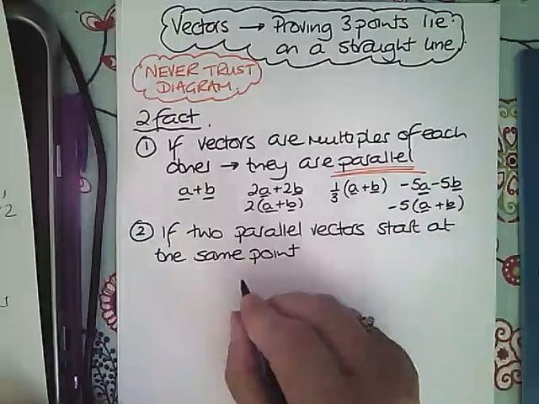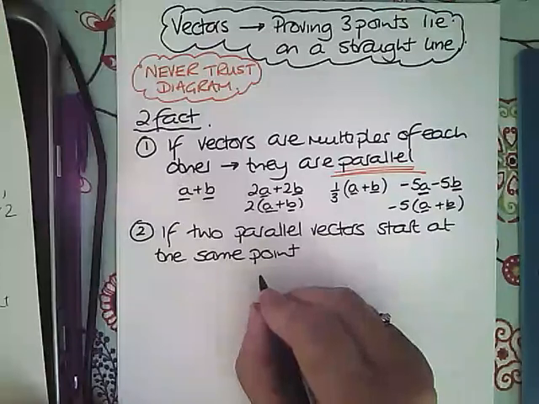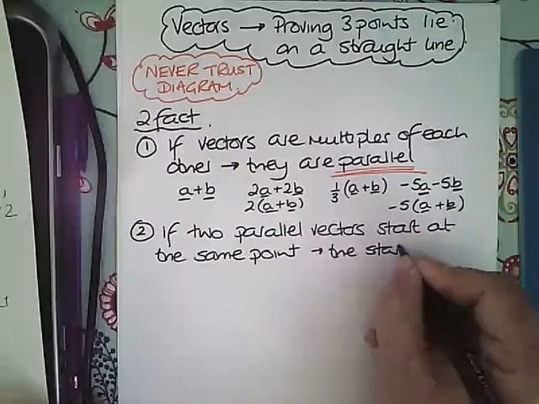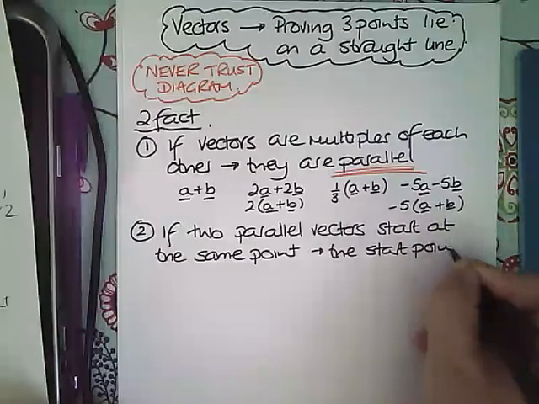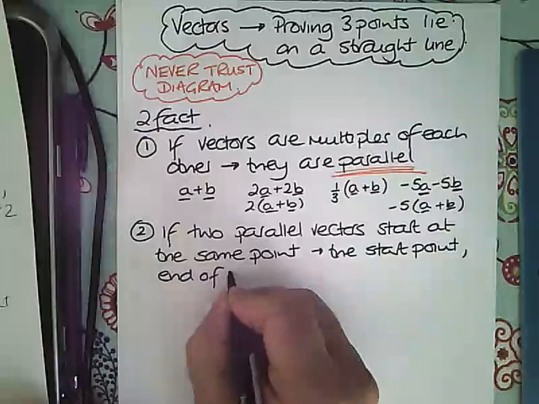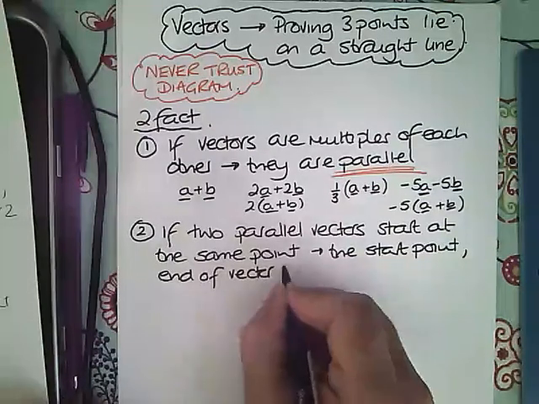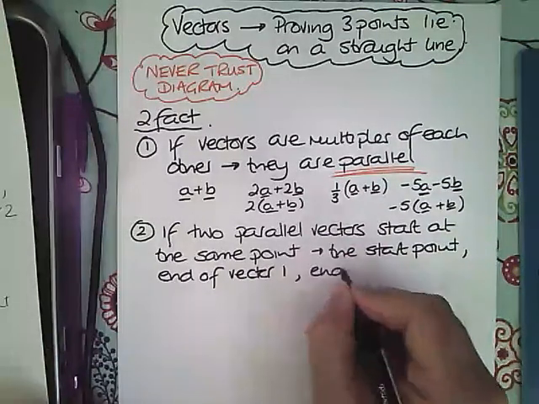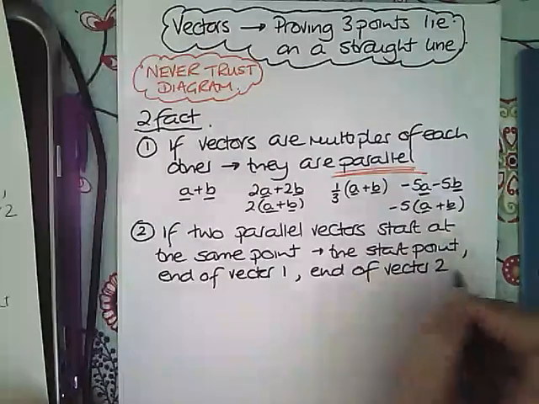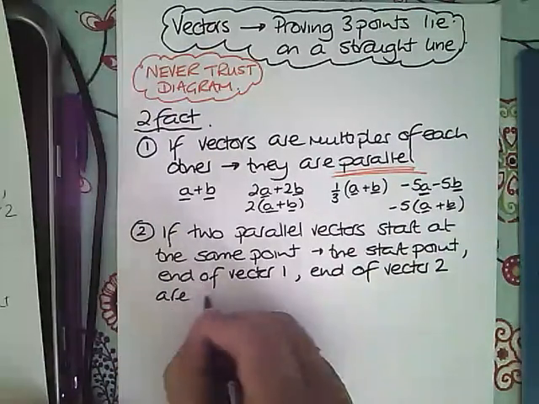So if two parallel vectors start at the same point, then the start point, the end of vector 1 and the end of vector 2 are on a straight line.